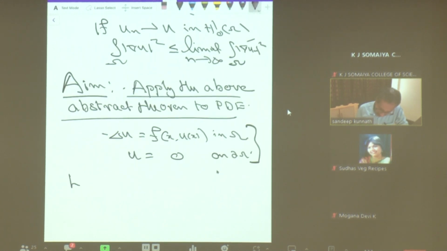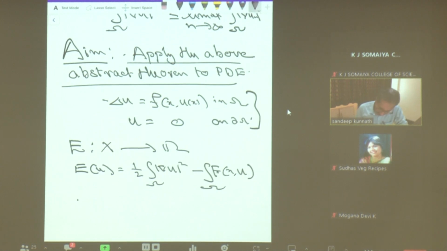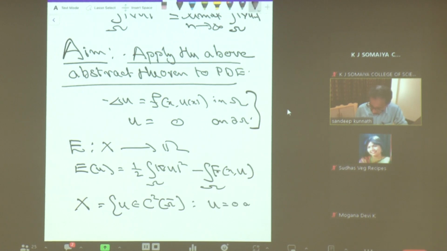Then I had an energy defined from a space X to R by E(u) equal to half of the integral over omega of gradient of u squared minus the integral over omega of capital F(x, u), where capital F is the primitive, and where X was all u in C2 of omega closure such that u is equal to 0 on the boundary of omega.